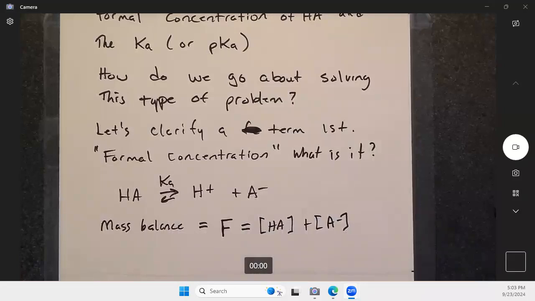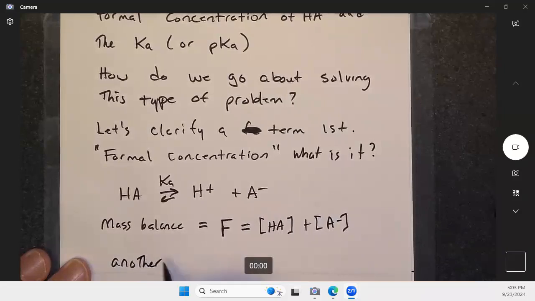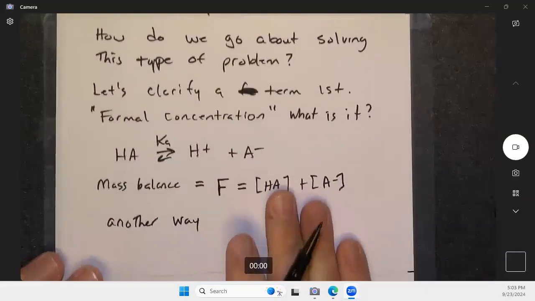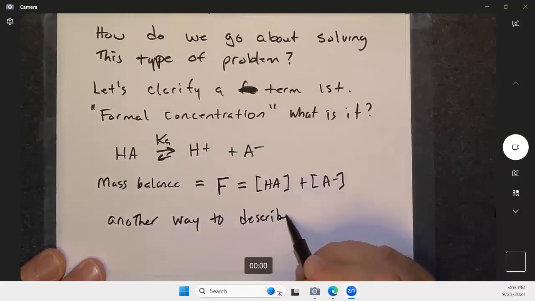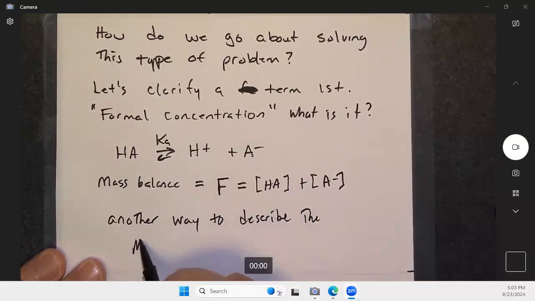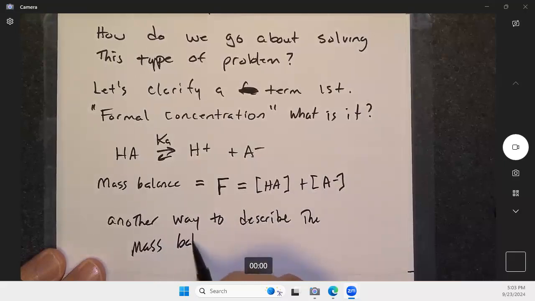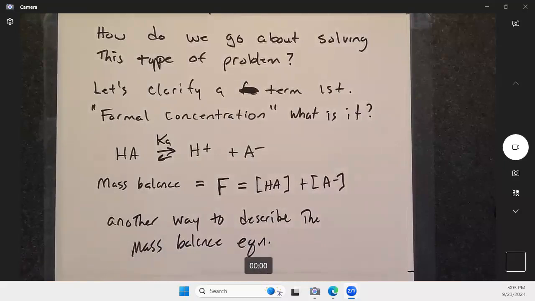It's just another way of stating the mass balance expression.